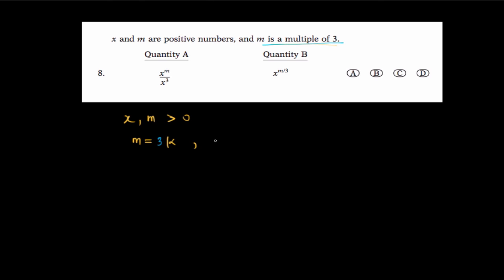So the first condition is k must be greater than 0, and since it's a multiple, k also should be an integer, a whole number. So this is something that we know now, right?